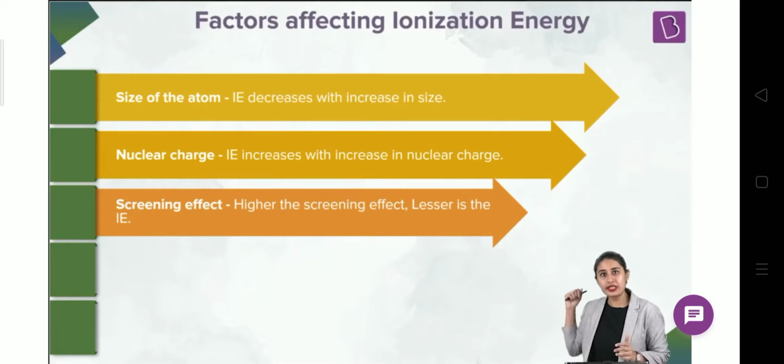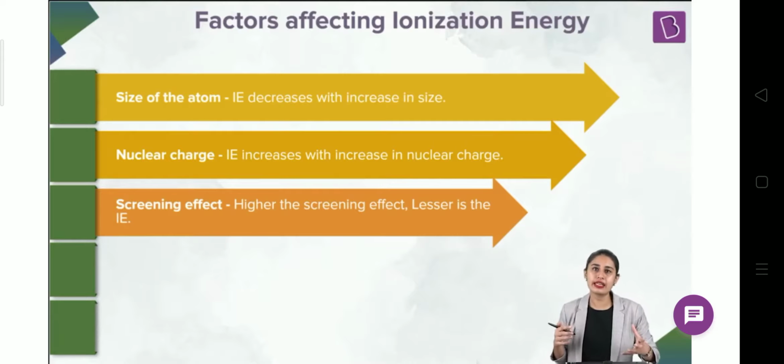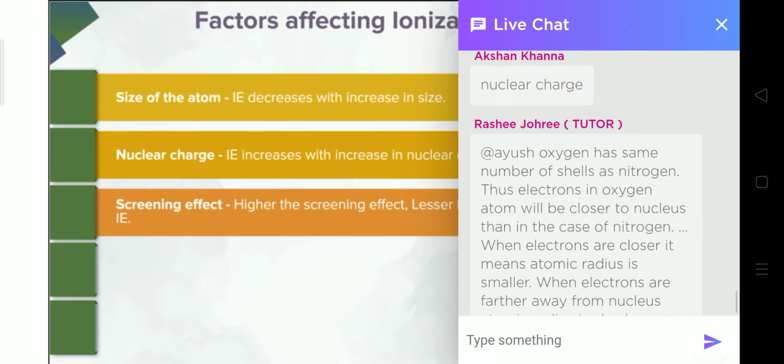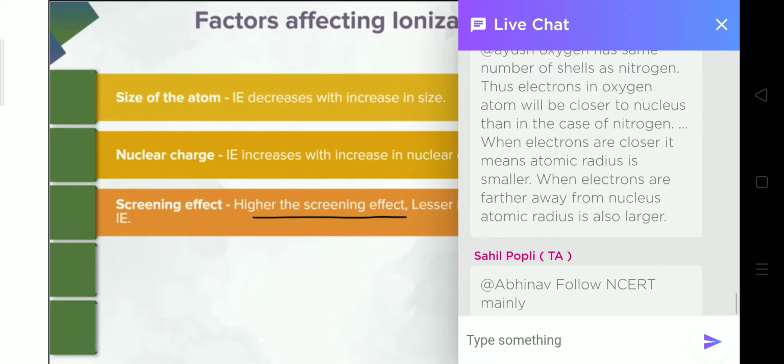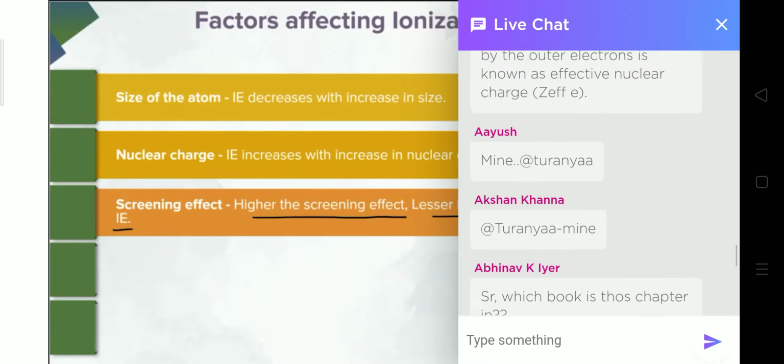Then they are protecting the last bencher electron from the nuclear hold, and hence ionization energy decreases because that very last bencher electron is chilling out in the outermost shell, right? And inner electrons are shielding the outermost electron, and hence it is easy to remove it. So screening effect, higher the screening effect, lesser the ionization energy. Easy it is to remove an electron.